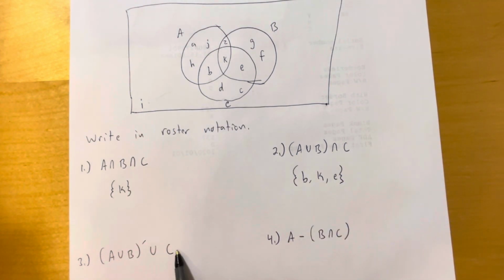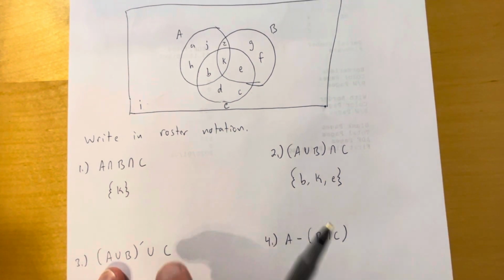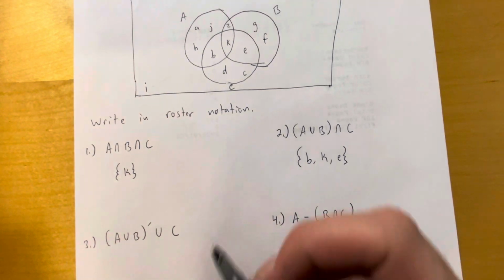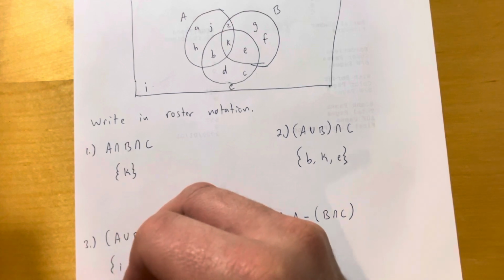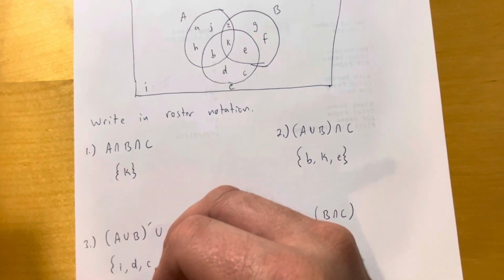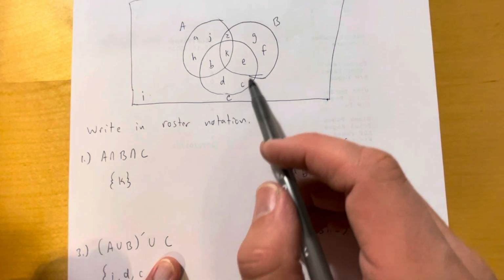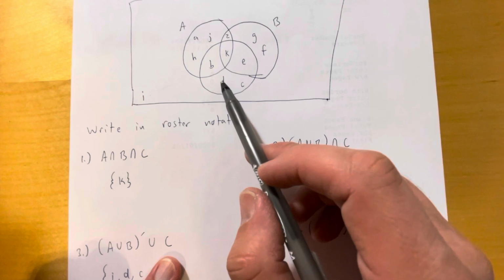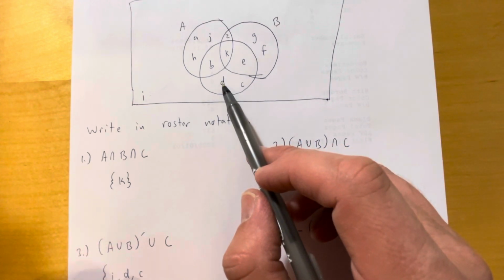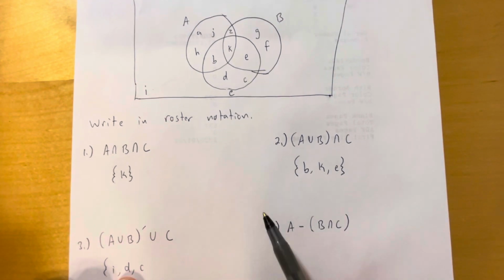Okay, so because we're going to take that and then form a union of that set, I, D, and C, with the set C, unions look for not just what's in common between two sets, but they throw everything from here and from here into the same set. So that means I, D, and C are going to still be in this union. I may as well just list them now. But then if I look at the union of that with C, here's the circle representing set C. And we've already accounted for a couple of the elements that are in that set, but everything else that's in C should also get thrown into this union down here.